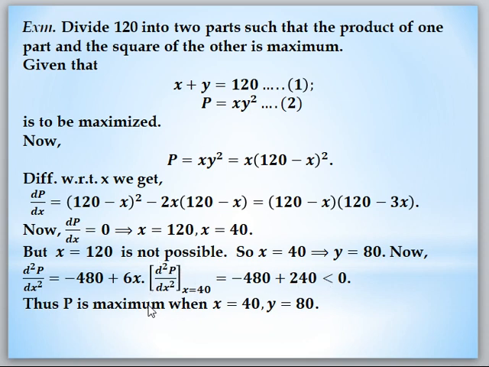So we are getting that at x is equal to 40, you are getting that the function P will attain its maximum value। তার মানে এই ডিভিশনটা কি করলে আমাদের প্রোডাক্টটা ম্যাক্সিমাম, এই প্রোডাক্টটা অর্থাৎ x into y square টা ম্যাক্সিমাম হবে, x is equal to 40 আর y is equal to 80। So that's all about discussions on maximum.